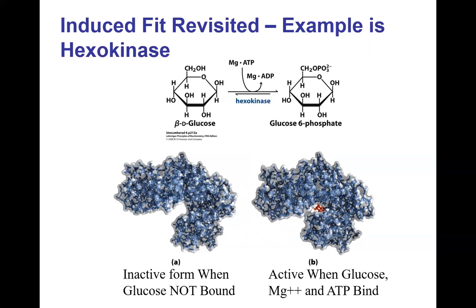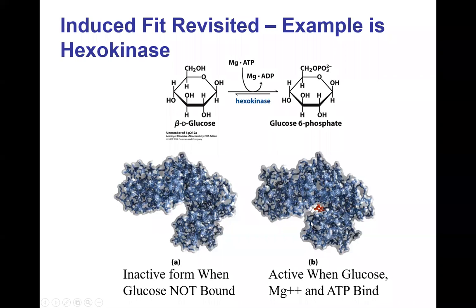I will show you an example. They have crystallized this enzyme when the substrate is not bound. When you don't put glucose in the solution and crystallize the protein, hexokinase, you will see the protein that looks like the one on the left-hand side. It has a jaw, you can see the active site, which is sort of open. When you add glucose, or a glucose analog or ATP analog, the enzyme undergoes induced fit to accommodate the substrates.